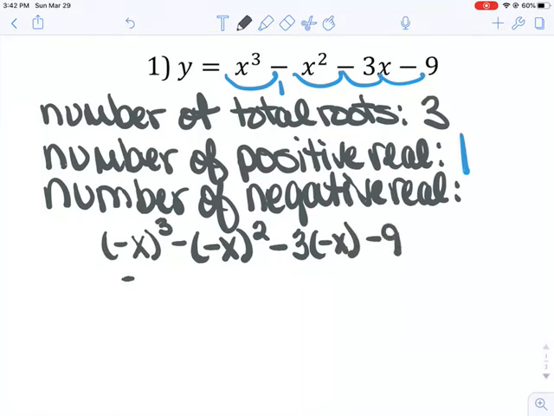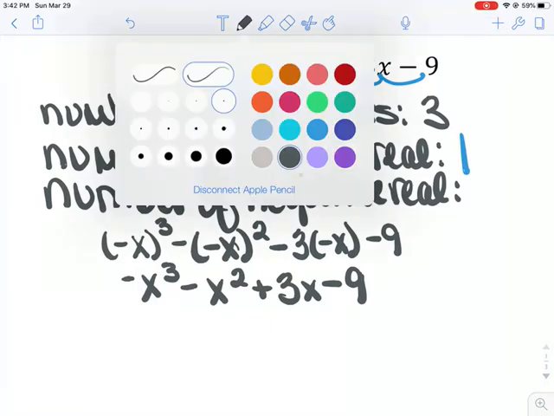Okay, and then remember, when you cube a negative number, it remains negative. When you square a negative number, it's positive. These two multiplied together are going to give you a positive. And this is going to remain negative. Now, the reason why the x squared is still negative is because you're squaring the negative x, and it becomes a positive value. You're not multiplying the negative and the negative, okay? Two negatives there don't make a positive.